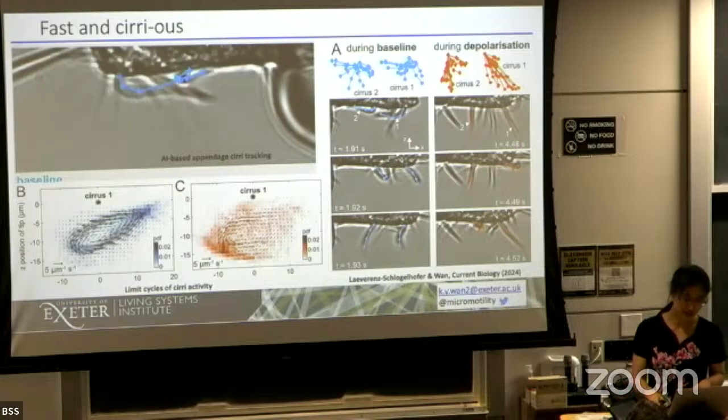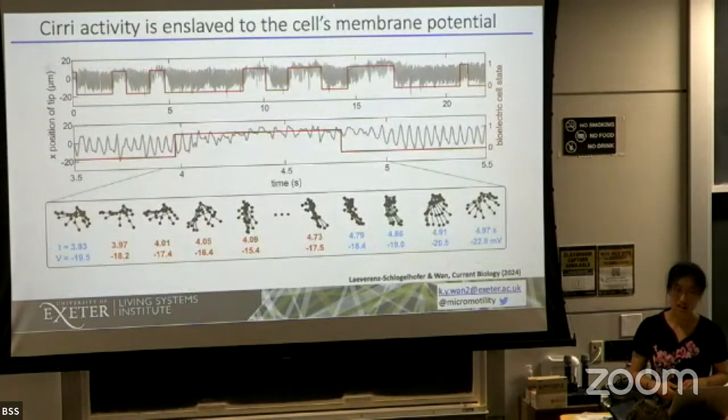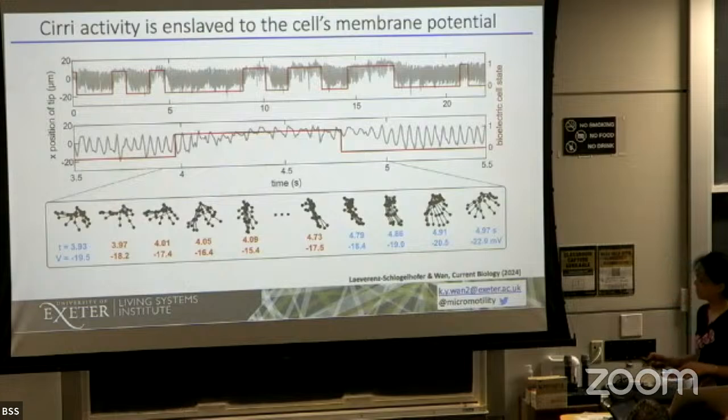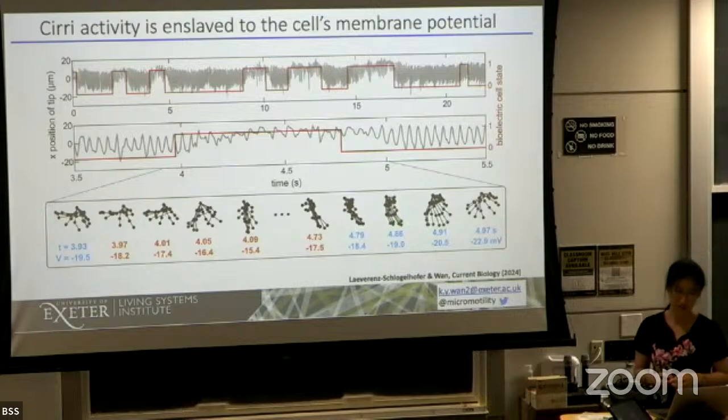And then, just to make it clear, you can track this in time as a time series. And if you zoom in on one of these depolarization events, you can see that an individual cirrus will transition from this sort of mode to this more attenuated mode and back to the original shape again.